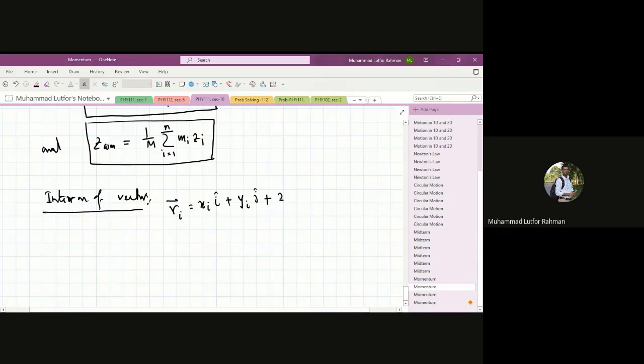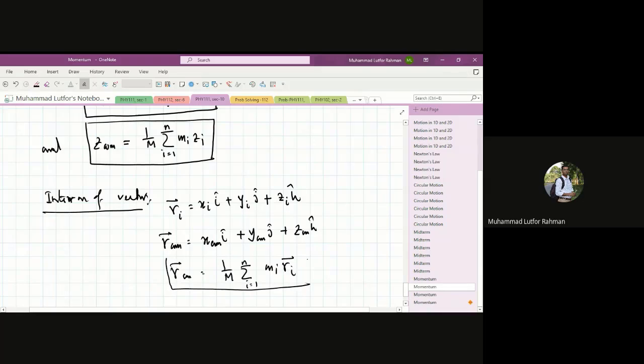Remember, for this Cartesian coordinate system, there is also k hat. Then we can write rcom as xcom i hat plus ycom j hat plus zcom k hat, or in short form, 1 over M times the sum, i from 1 to n, of mi ri. That is the center of mass in vector notation. We can find it in that way.